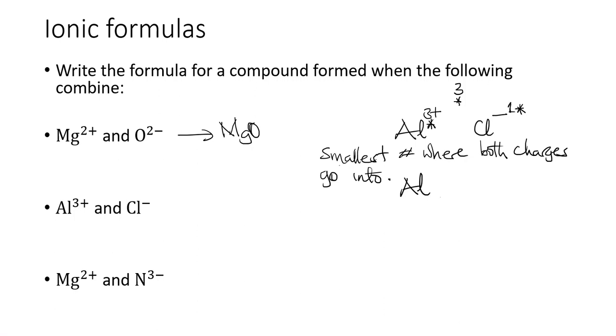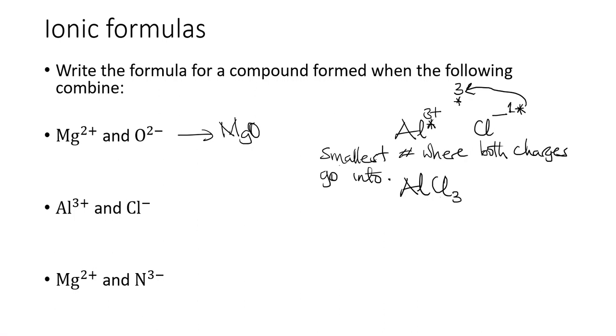How many times does the 1 on chlorine go into 3? It goes there 3 times. So for every 1 aluminum, we have 3 chlorines. So I'll write here Cl, but instead of writing the number at the top, we write the number as a subscript. So for every 1 aluminum, I have 3 chlorines.